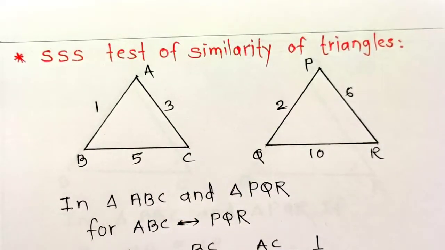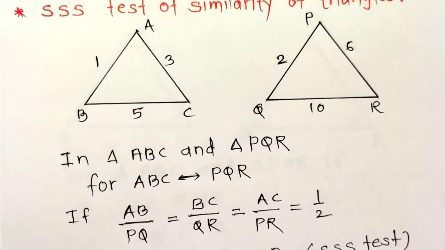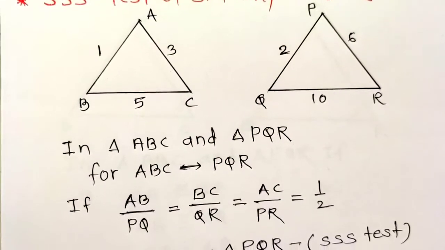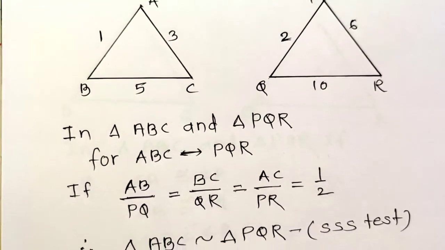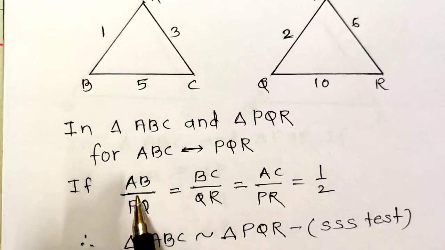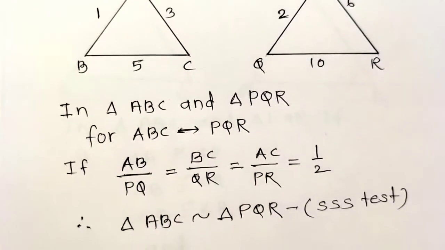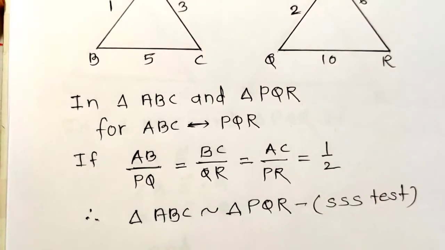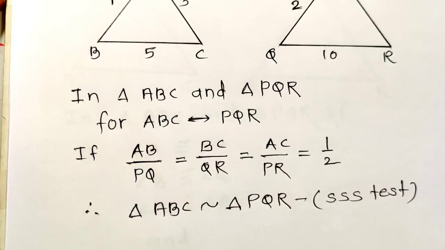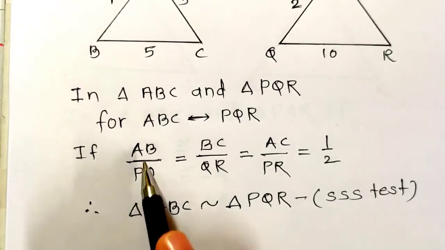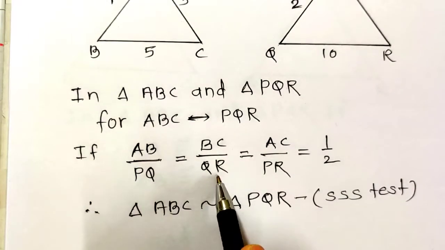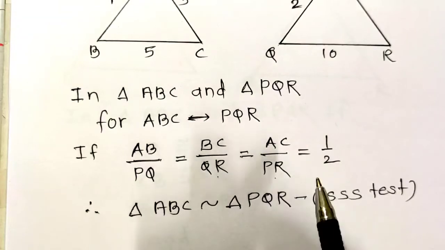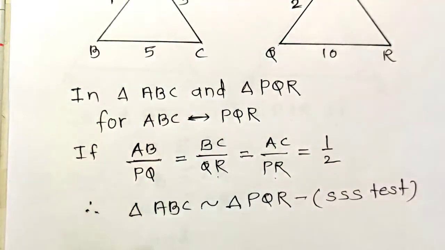For a given one-to-one correspondence, that means ABC corresponds PQR, if the pairs of corresponding sides are in proportion, that means the ratios of pairs of corresponding sides are equal. AB by PQ is equal to BC by QR is equal to AC by PR. All are 1 upon 2.